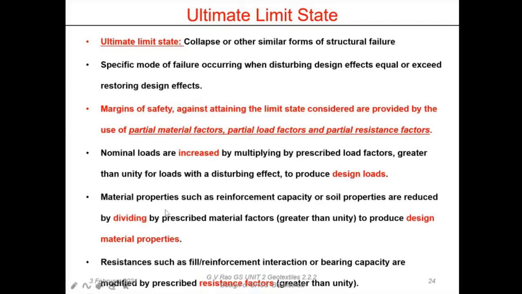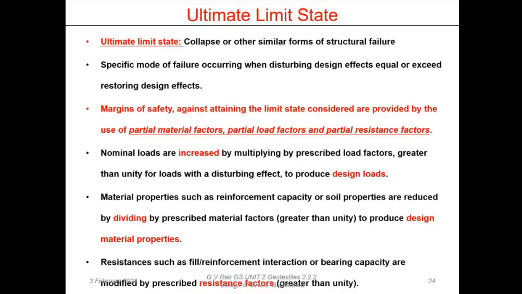In the same way, general resistance is given by soil itself to begin with, or friction, let us say. So in this case, the material properties, the reinforcement capacity, is going to be made safe actually by dividing by the material factor of safety. So that is the design material property. I mentioned earlier also, in the geosynthetic case we have to evolve a long-term design strength.